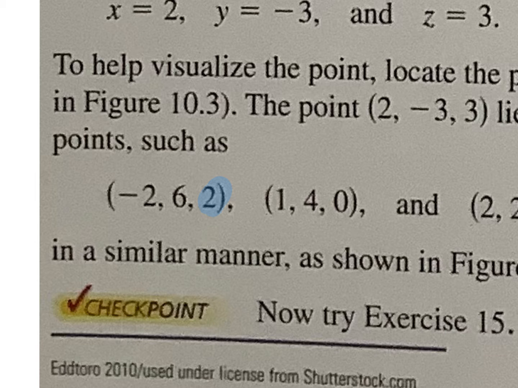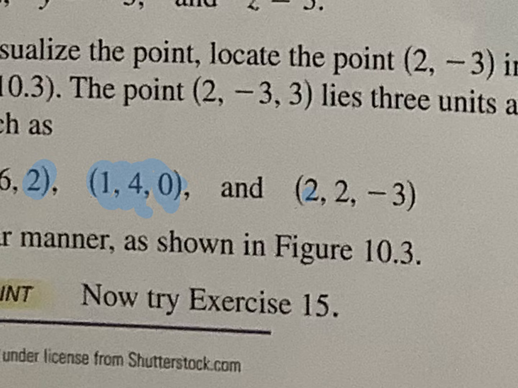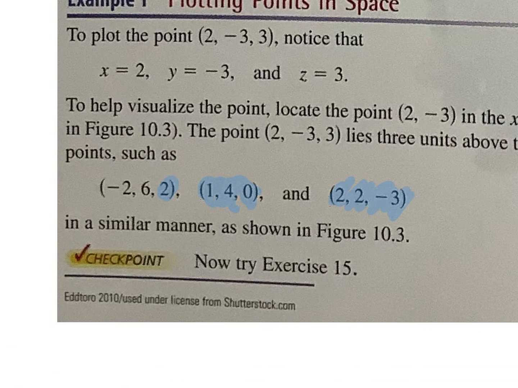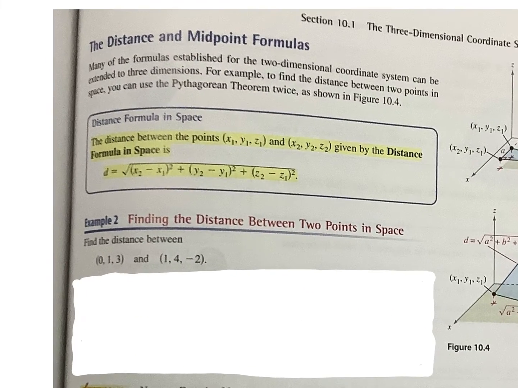Positive. So you'd go up. In this case, you'd find 1, 4, and then do you move anywhere from that? No. And then here you find 2, 2, and then from that point on a coordinate xy plane, you would go down 3. Right? Visualizing it is hard. I understand that. I just want you guys to see that.